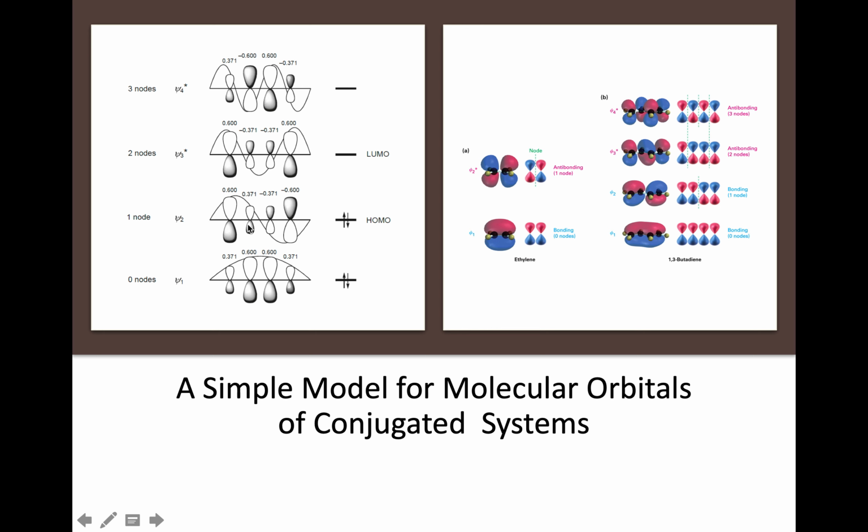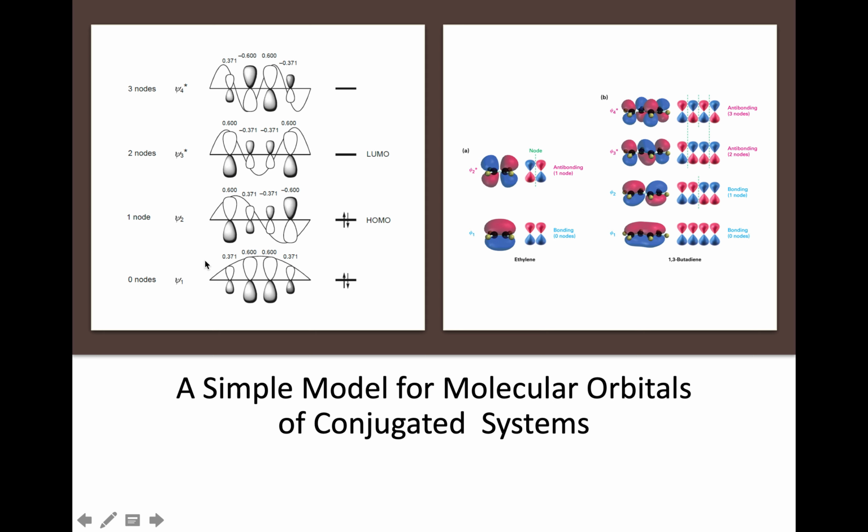We'll see how that plays out in just a minute, but what I want you to think about right now is, if we were to consider the energy levels associated with these different particle in a box states as molecular orbitals, how many electrons are there to fill in those molecular orbitals?